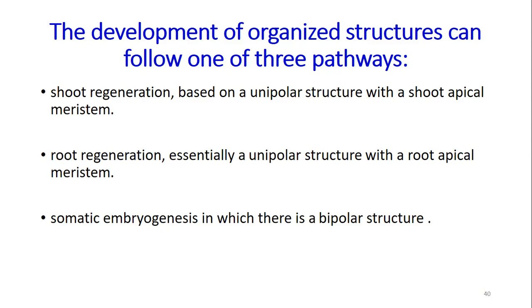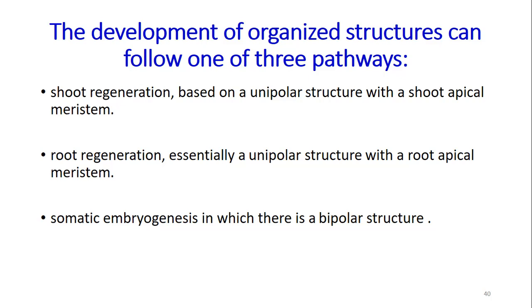One is the shoot regeneration, which is based on a unipolar structure with a shoot apical meristem. Okay. You can also do the root regeneration, essentially a unipolar structure with a root apical meristem. And then we have the somatic embryogenesis, in which there is a bipolar structure.